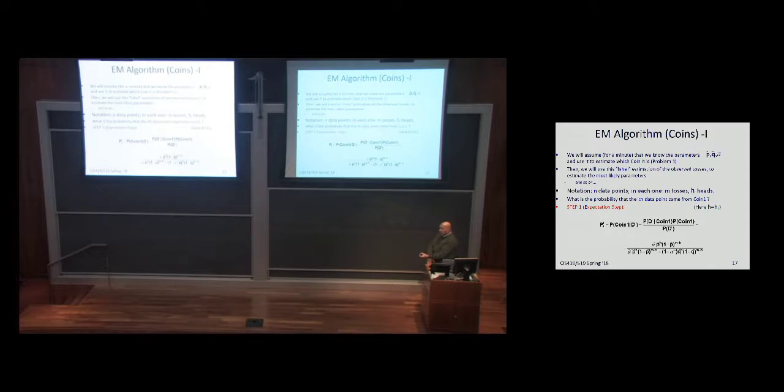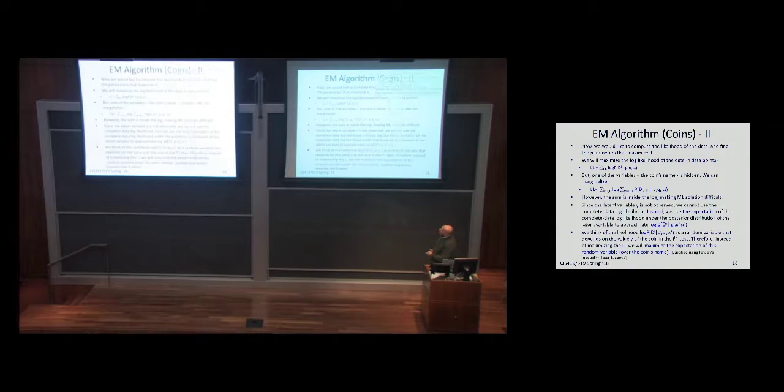Once I have the guess for the label, I can look at all my data and say, okay, I've seen n examples. This is the probability, or the likelihood, of observing this data given that P, Q, alpha are my parameters. And I wrote this down here.